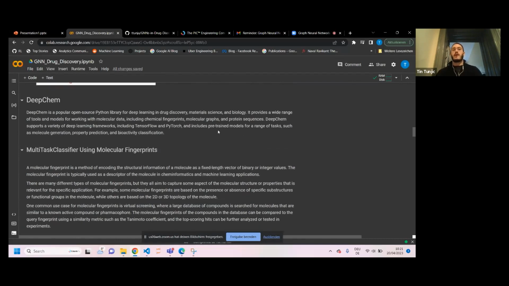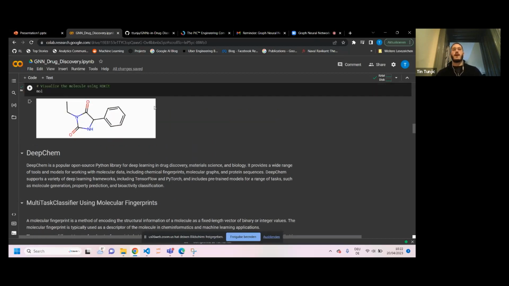Before going into the graph convolutional network, we're going to focus on the multitask classifier using molecular fingerprints. But before doing that, I would first like to explain what exactly the molecular fingerprint is. So if you imagine you have a molecule, let's say this one, in most cases, when you have different molecules, let's say that you have 10 molecules, some substructures are coming again, repeating themselves. So these molecular fingerprints are basically these substructures, like a one-hot encoding.